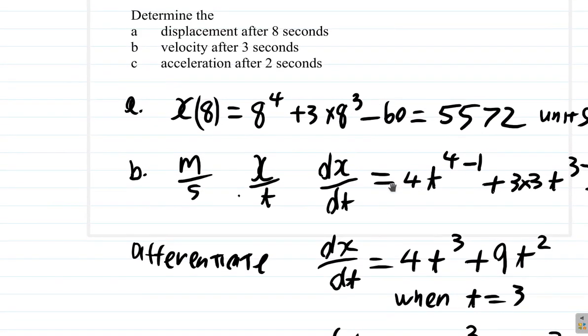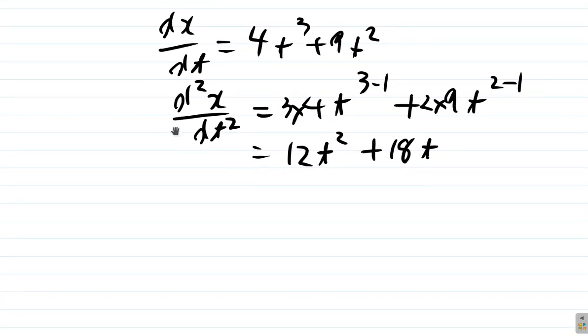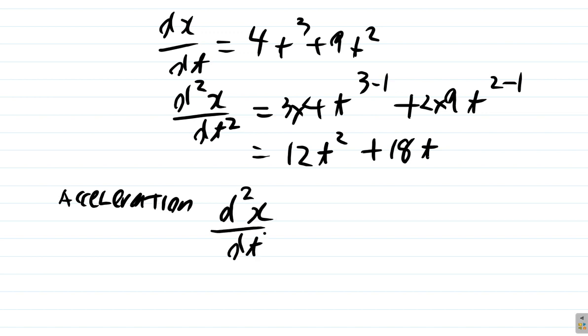Now, this will give you the acceleration, and the acceleration after 2 seconds. So therefore, the acceleration is d squared x by dt squared, the rate of change of velocity with time, equal to 12t squared plus 18t.